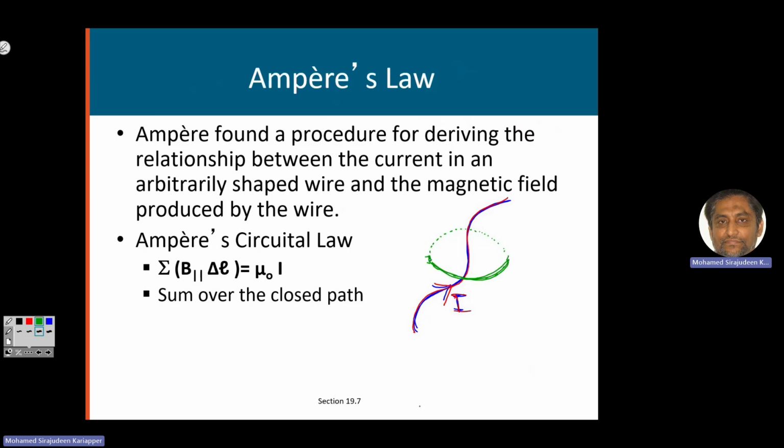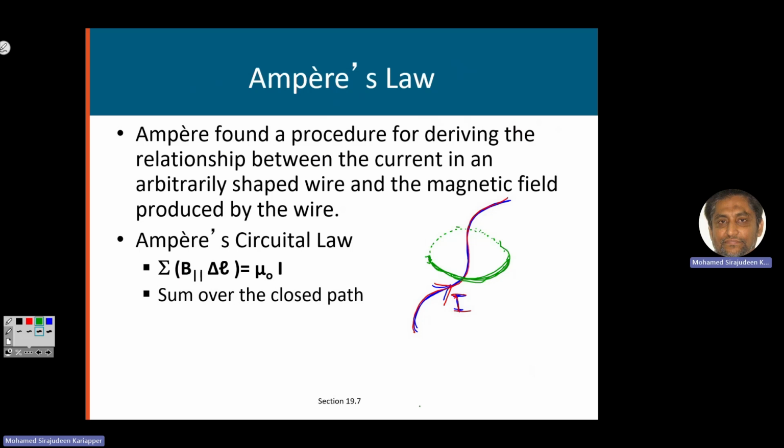Maybe it's a circle, but it doesn't have to be a perfect circle. It can be any shape, but it has to be a closed path that encloses this current.